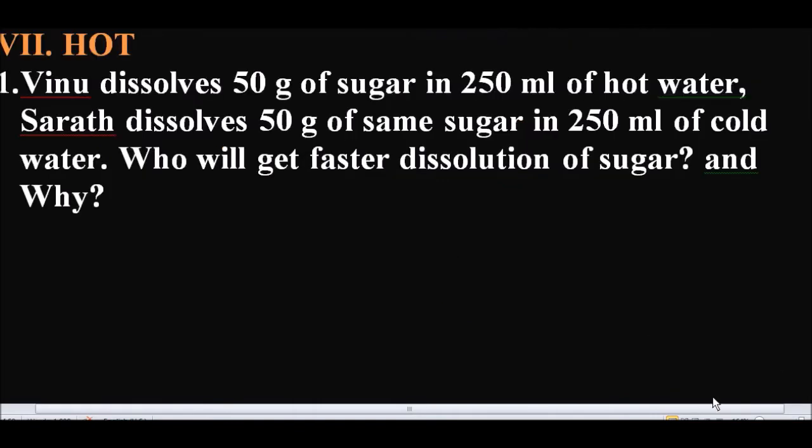Okay. Yes, now the hard questions which are given in the same lesson. Vinu dissolves 50 gram of sugar in 250 ml of hot water. Sarath dissolves 50 gram of the same sugar in 250 ml of cold water. Who will get faster dissolution of sugar and why? The answer can be given as follows.